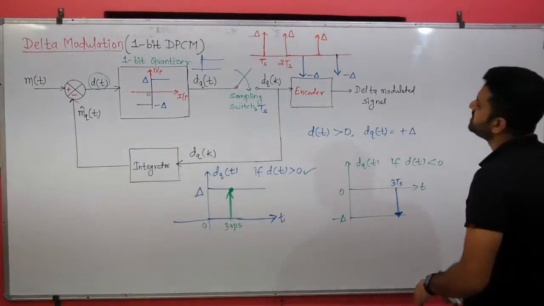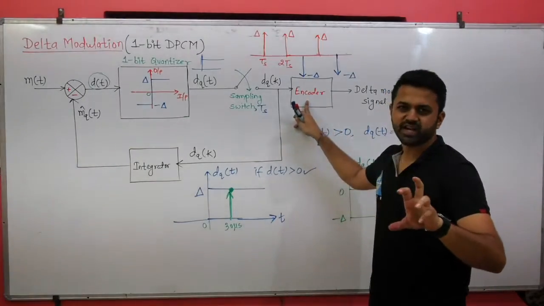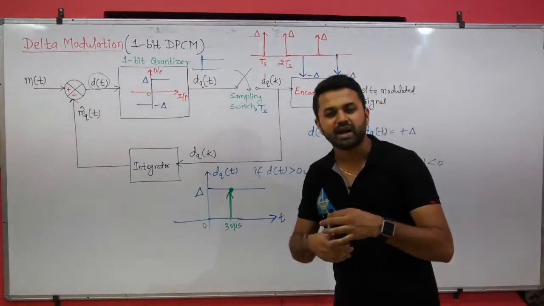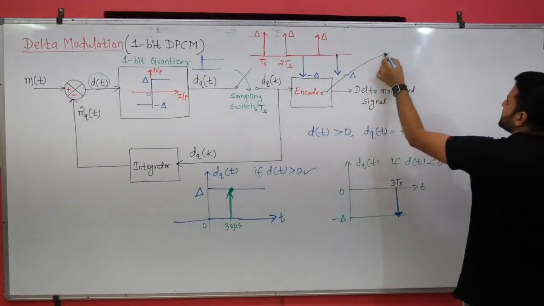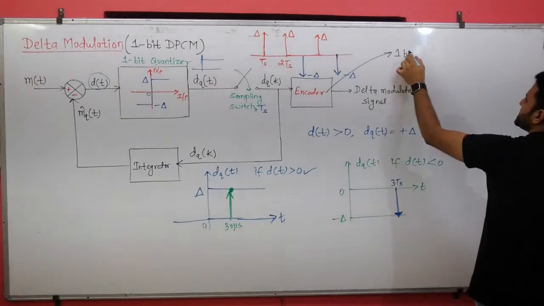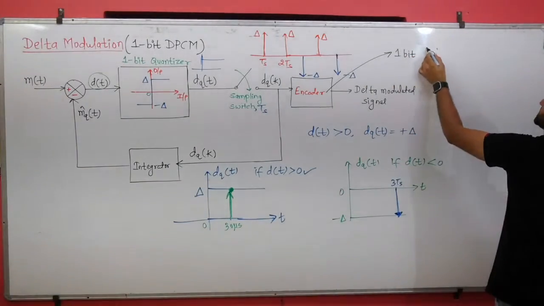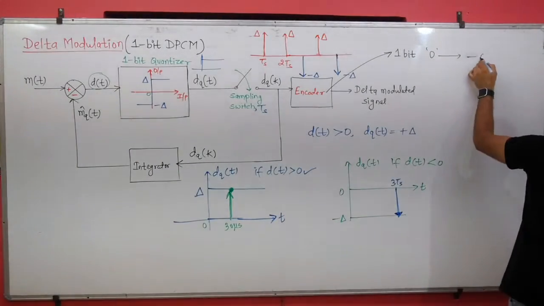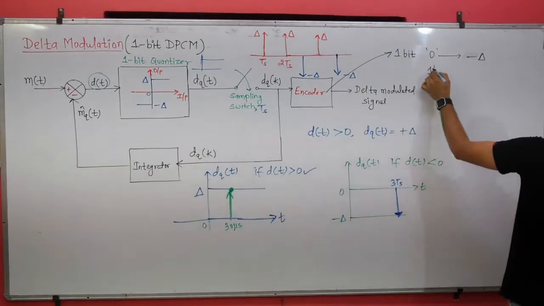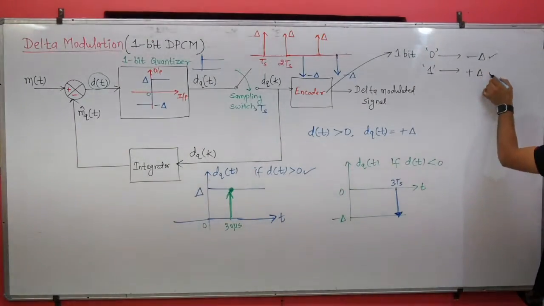Okay. So when you have to encode it, you will represent it by only one bit. So the encoder will use one bit to represent, because bit 0 will be represented as, suppose, minus delta, and bit 1 is used to represent the plus delta.